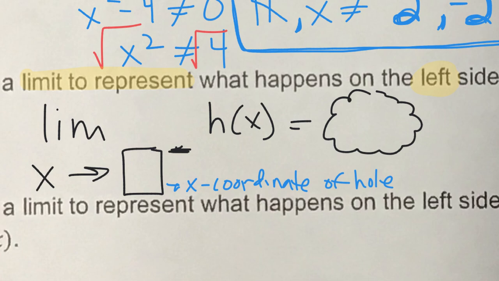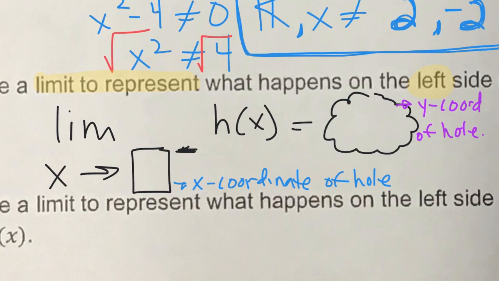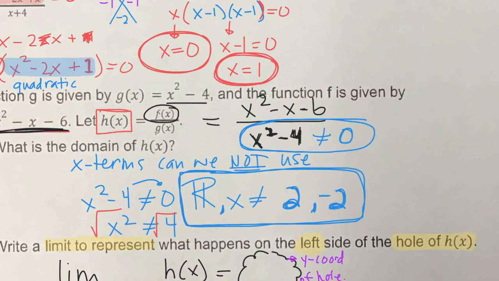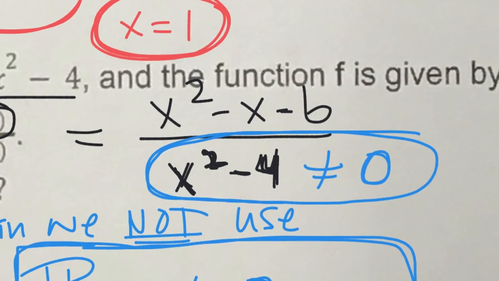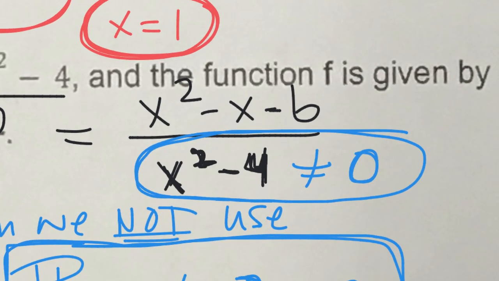And what goes in the blob? The y coordinate of your hole. So we have to figure out the x coordinate and the y coordinate of our hole. Okay, so let's go back up to our equation and remind ourselves how we do that. So here's our equation, x squared minus x minus 6 over x squared minus 4.